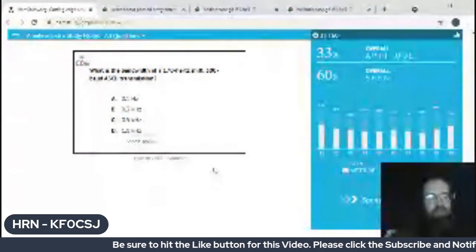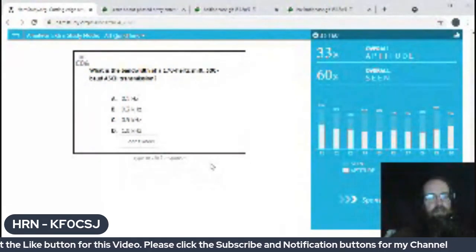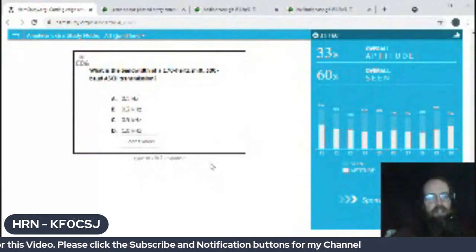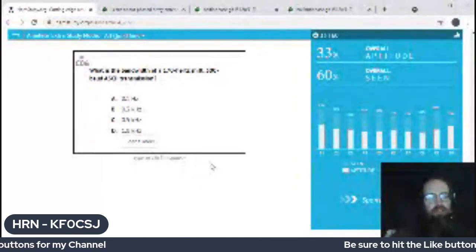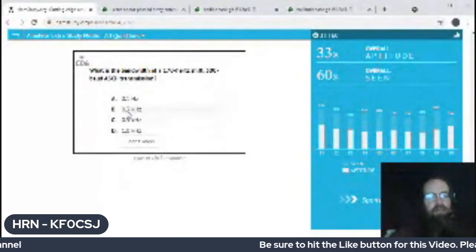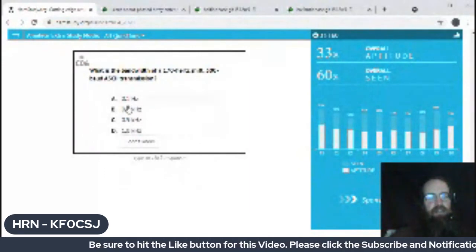A, 0.1 hertz, B, 0.3 hertz, C, 0.5 hertz, D, 1 hertz. Okay, B through D are kilohertz, and A is a hertz.